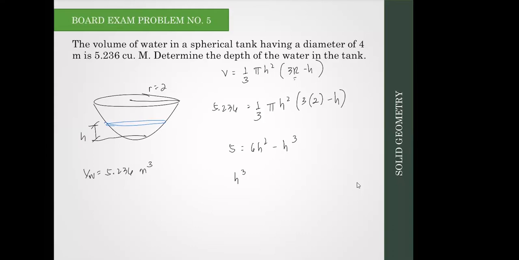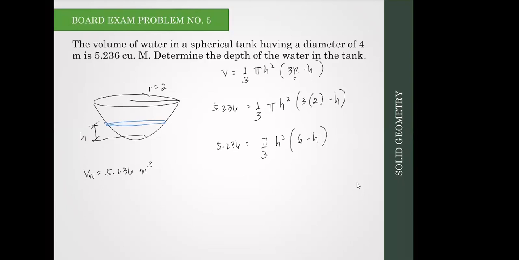So upon solving ng shift solve, 5.236 equals to pi over 3 h squared times 6 minus h. Okay?